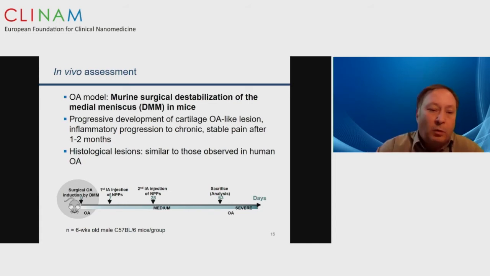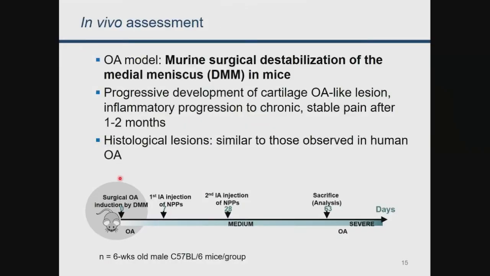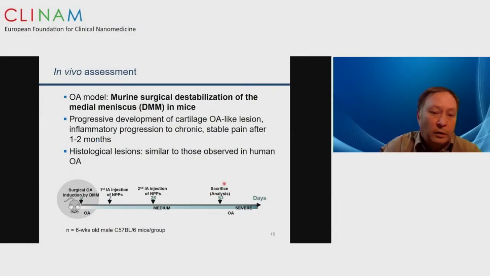The timeline was to destabilize the meniscus at day 0, and then to inject the first shot of the particles at week 1, a second shot at month 1, and the sacrifice at month 2. We used 6 mice per group.